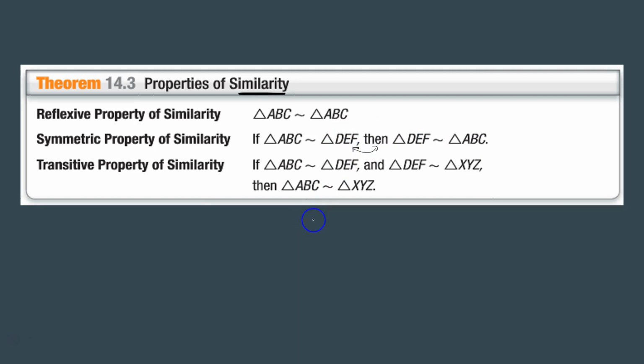Then we have the transitive property of similarity. If triangle ABC is similar to triangle DEF, and triangle DEF is similar to triangle XYZ, then we know that triangle ABC is similar to XYZ. So notice this portion went away, leaving us with these two.